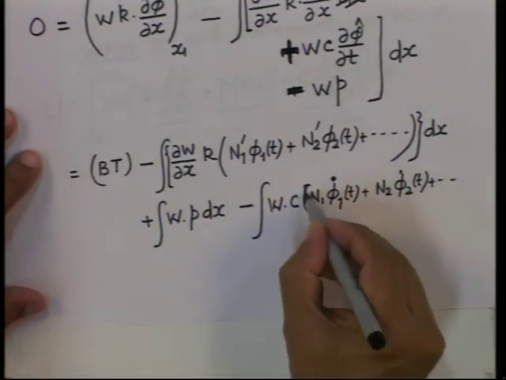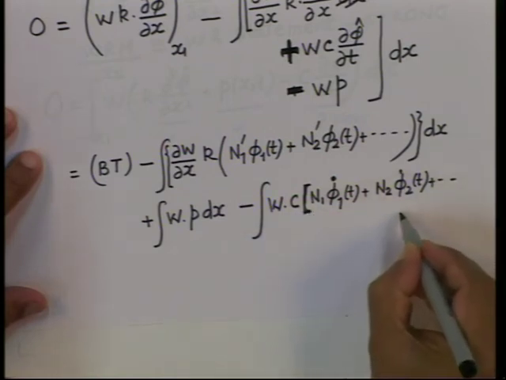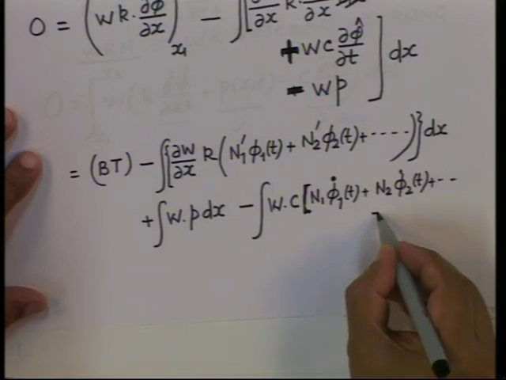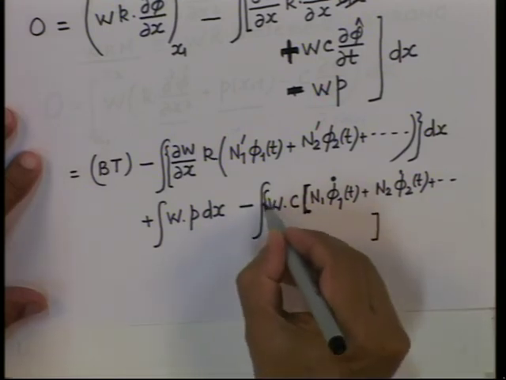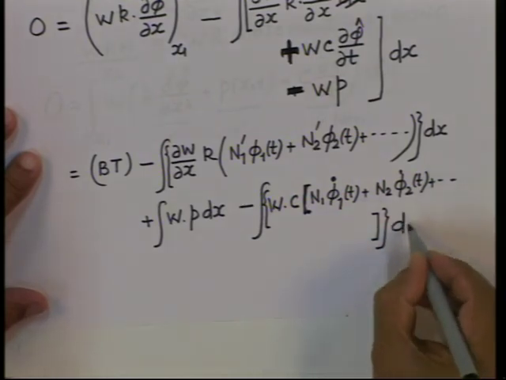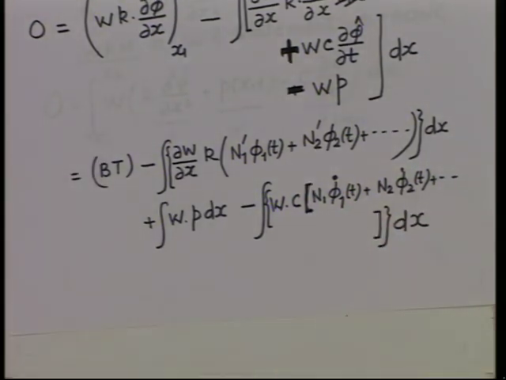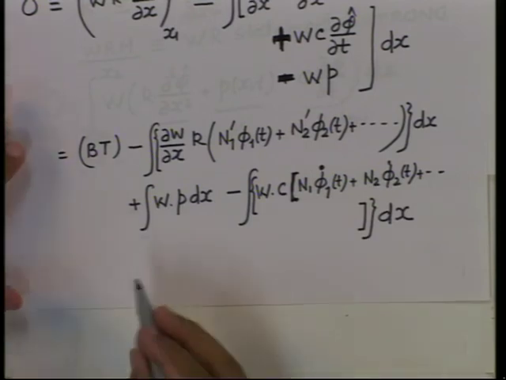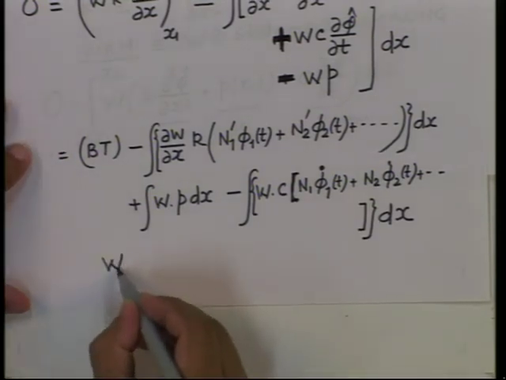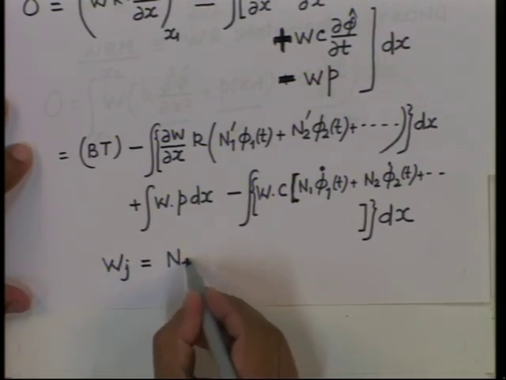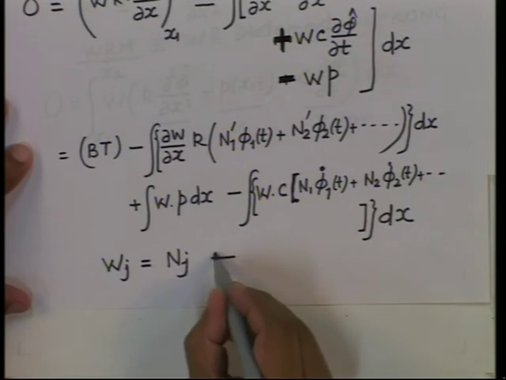Let us keep this square bracket, then this square bracket closes, and then let us say this is dx. It will be something like this, and the rest is okay. You please write down for any jth and j.